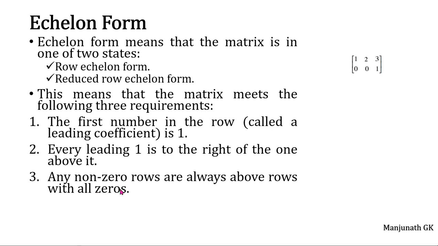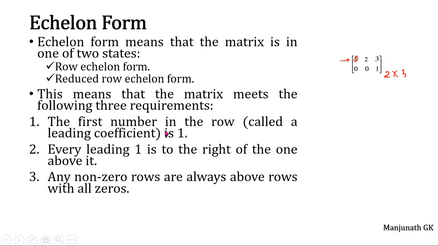Let us consider an example. It has two rows and three columns. If we want to say this matrix is in echelon form, these three conditions should be satisfied. The first number in the row is 1. In the first row, the first number is 1, yes, it is okay.